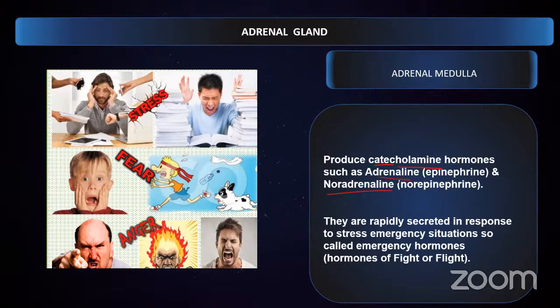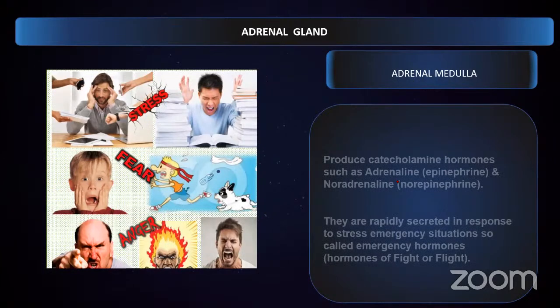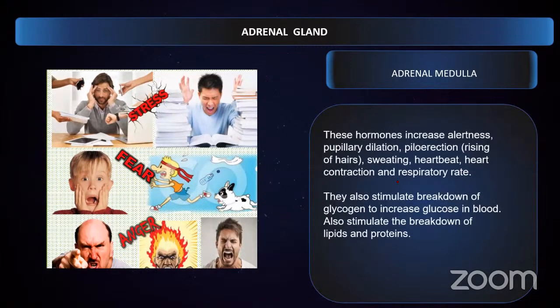At that time, your body starts showing certain alterations. For example, your pupil will become larger and dilated. When you look at a person's eye, if the black spot in the eye is enlarged, that means there is an adrenaline rush. That is piloerection, rising of hairs.